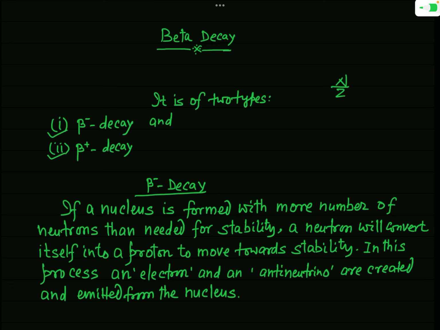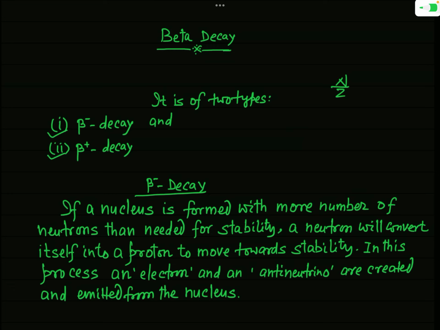In fact, this beta minus decay is caused when there is an excess number of neutrons over the number of neutrons required for stability, and beta plus decay takes place when there is an excess number of protons over the number of protons required for stability.